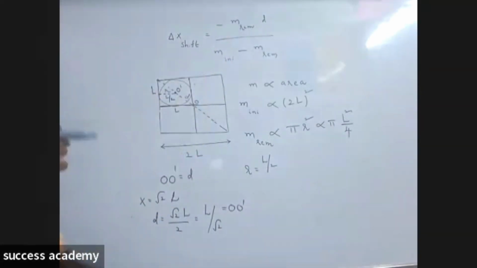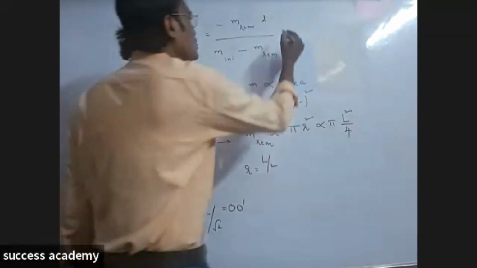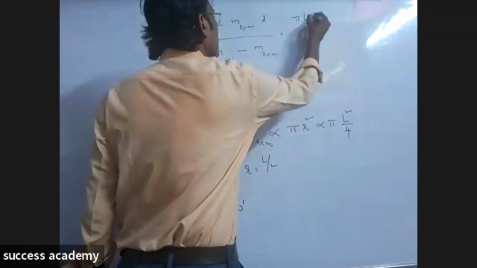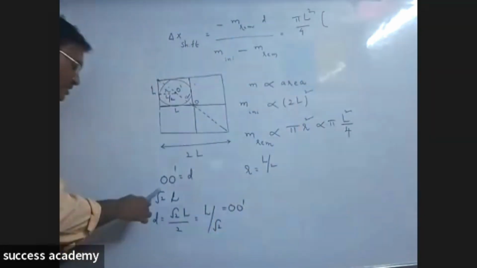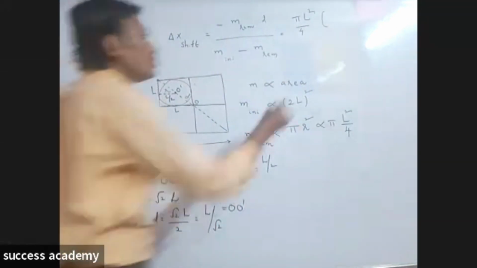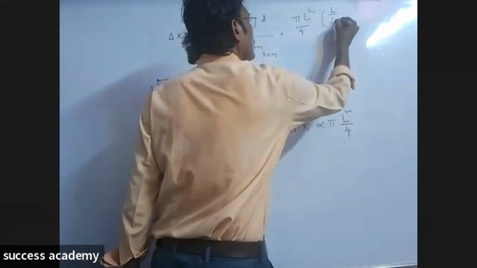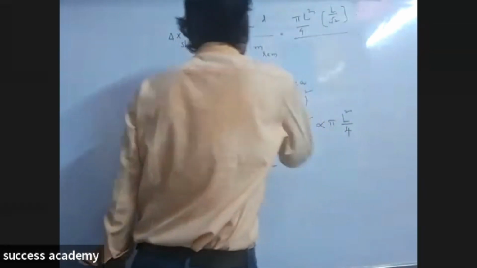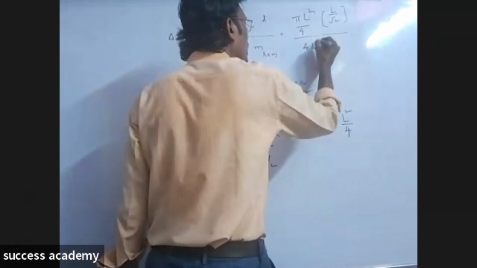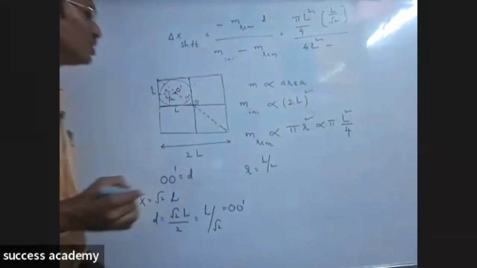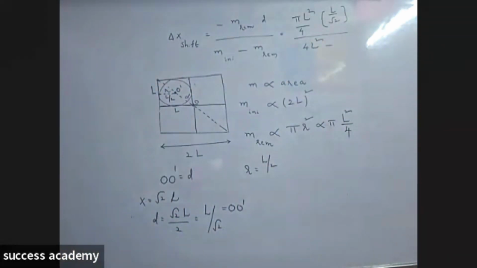M removed is nothing but pi L square by 4. The distance between the two centers of mass, d, is L by root 2, by M initial, which is 2L whole square, nothing but 4 L square, minus M removed, which is pi L square by 4.